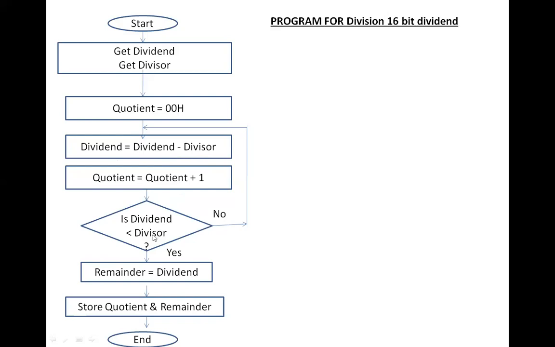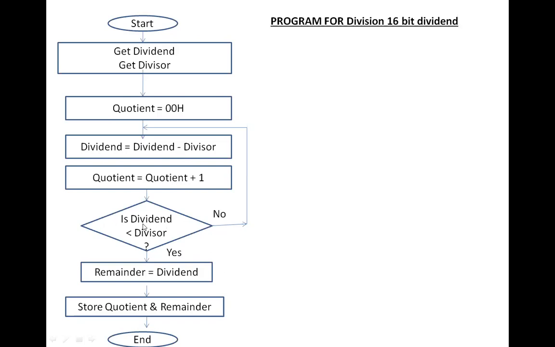If the dividend is not less than the divisor, we continue this loop in which the dividend is again subtracted with the divisor, and the quotient value is increased. So as long as the dividend is more than the divisor, you are going to do dividend minus divisor, and meanwhile you will also increase the quotient value. And then you are going to check whether the dividend is less than the divisor or not.